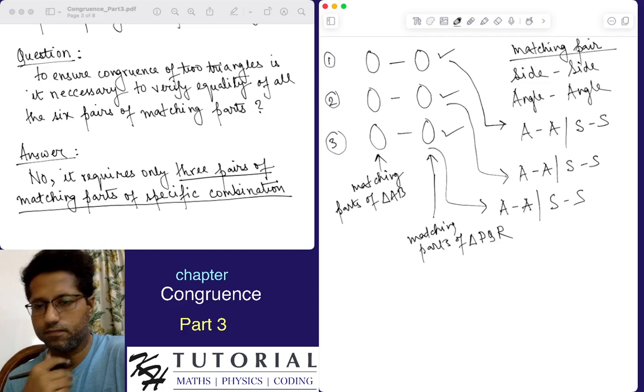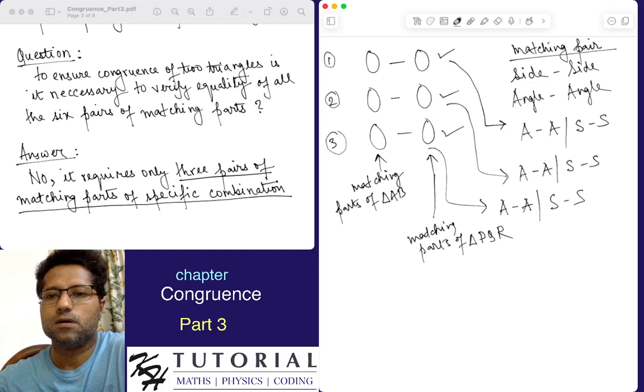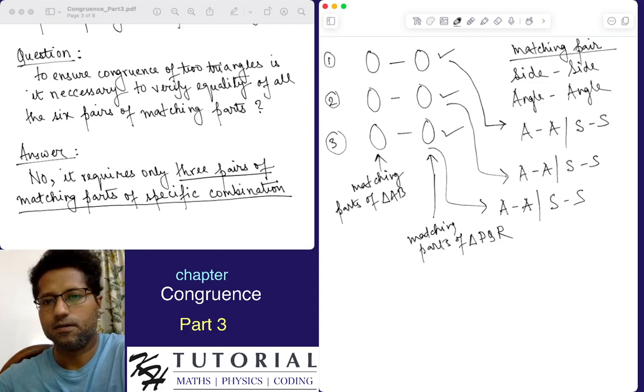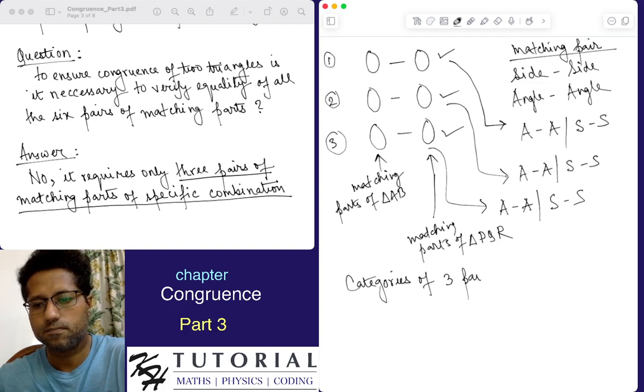Now, if you give a little bit of thought, you will understand that all the three pairs of matching parts can be divided into the following categories.